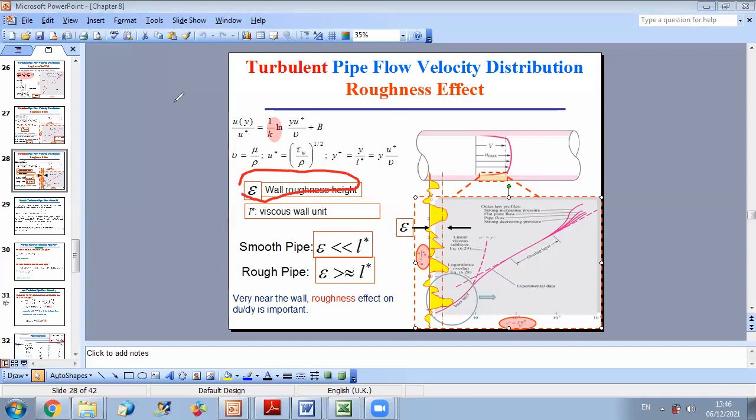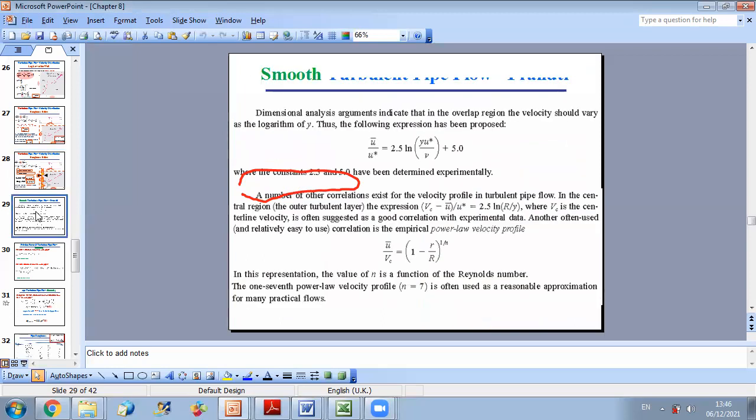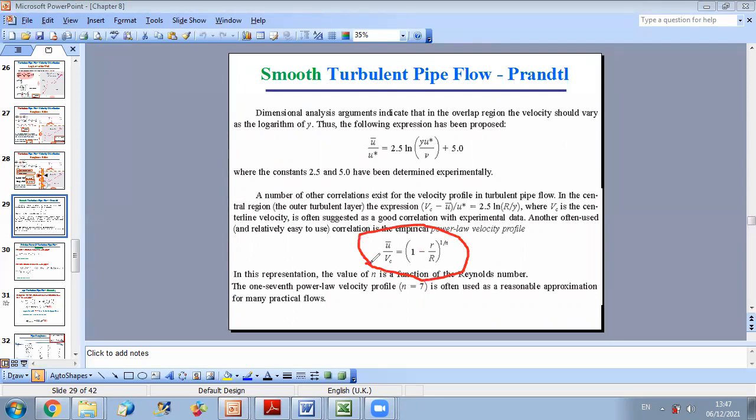As we said, from experiments we can define profiles of velocities for turbulent flow. For example, if you remember in one of the problems we did before, I told you I will give you the profile of velocity for the turbulent case.